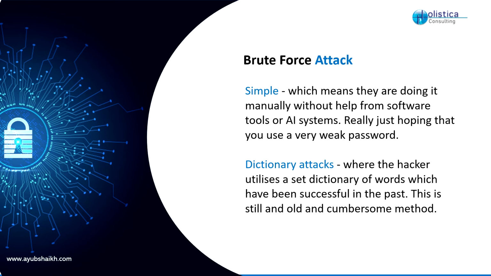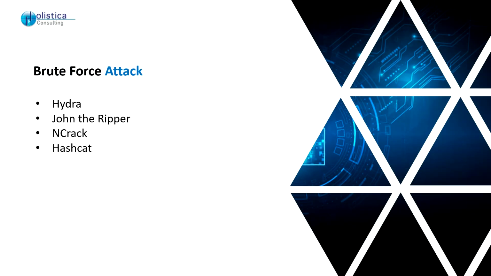And these are tools like Hydra, John the Ripper, Ncrack, and Hashcat. So those are used by both sides to test the robustness of a network and test how the operating system, anything from Windows to Mac OS and Linux, might actually suffer against a brute force attack.